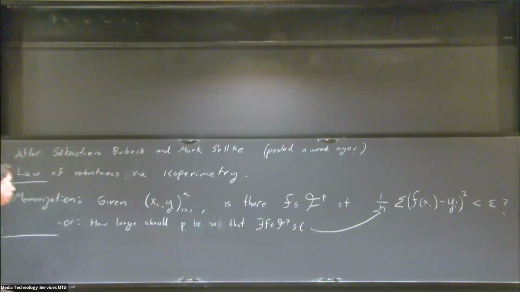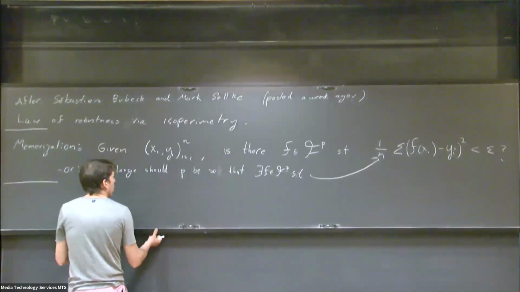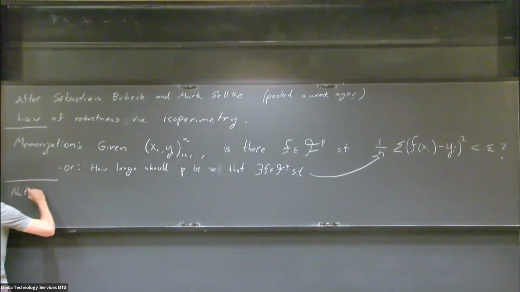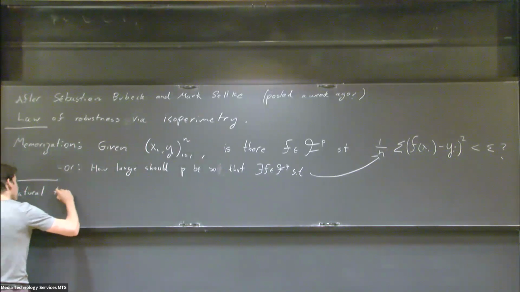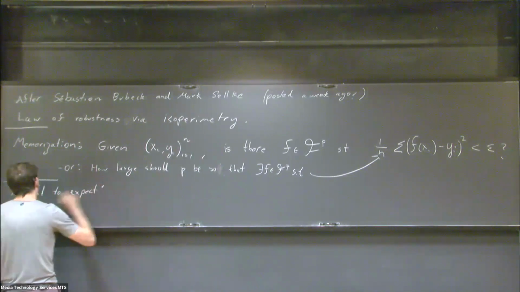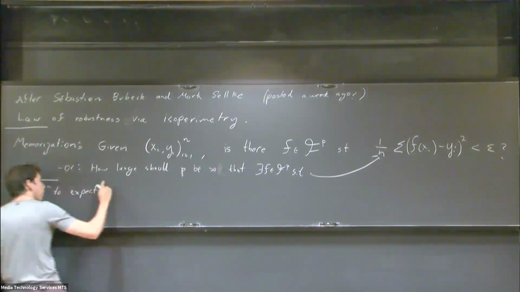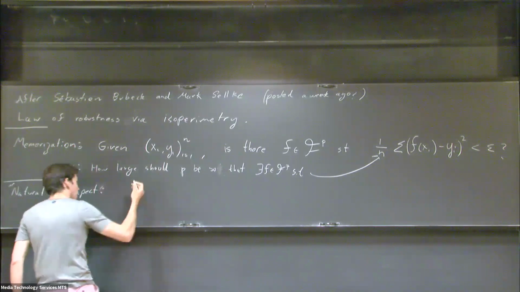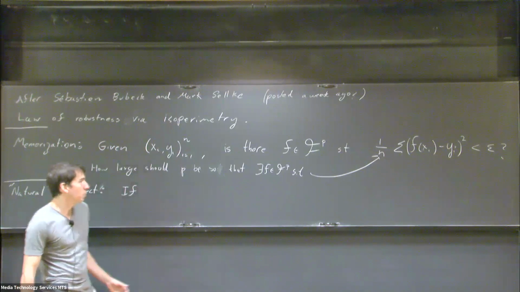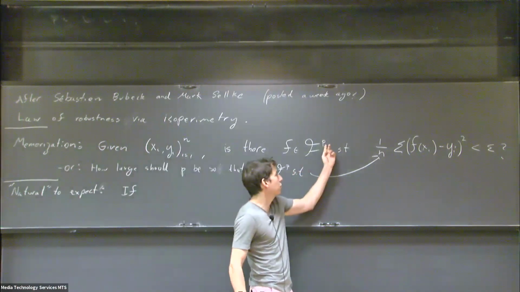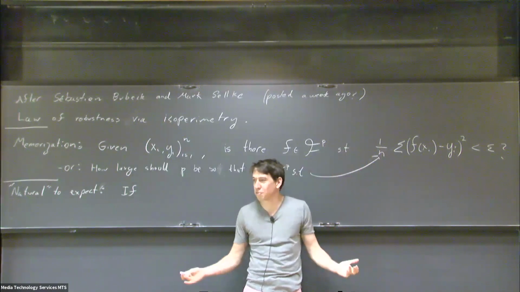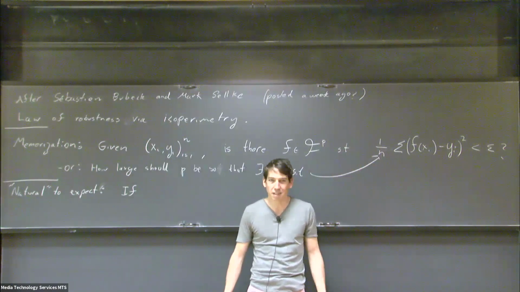Okay, so it's natural to expect, if we're being very informal, well, what should be the relation between P and the other parameters in order to be able to fit n points of data?